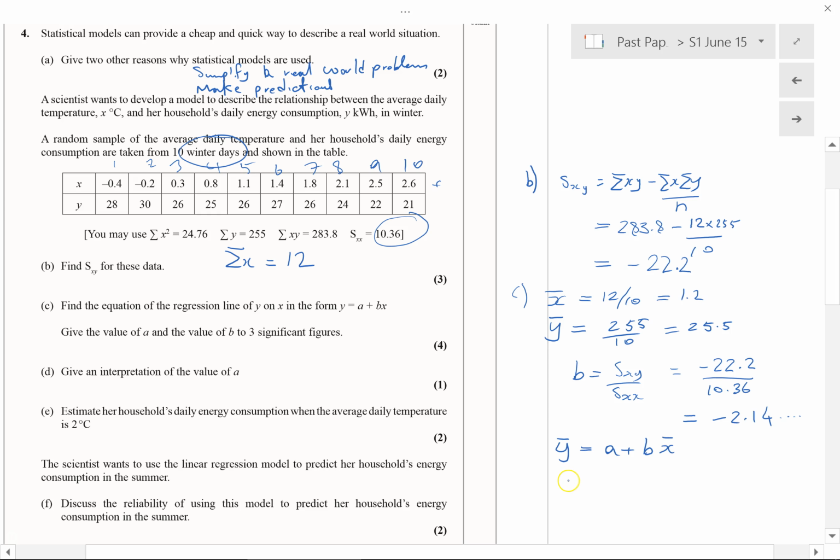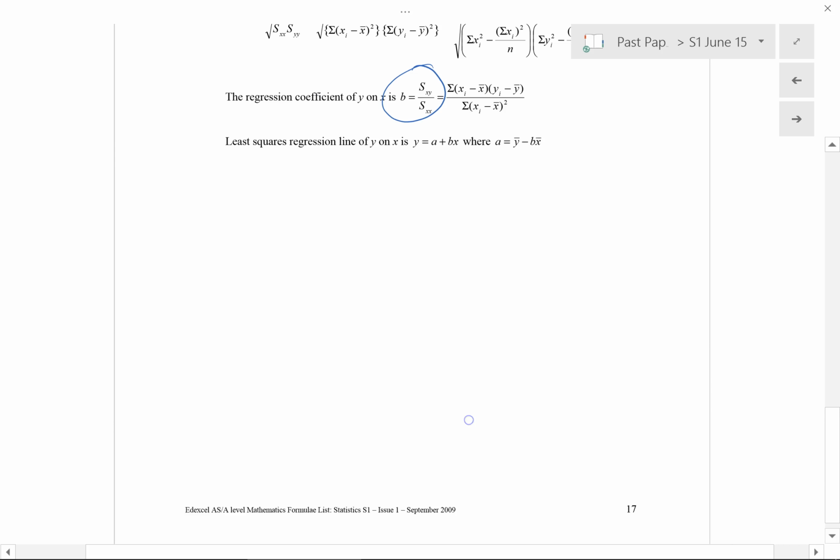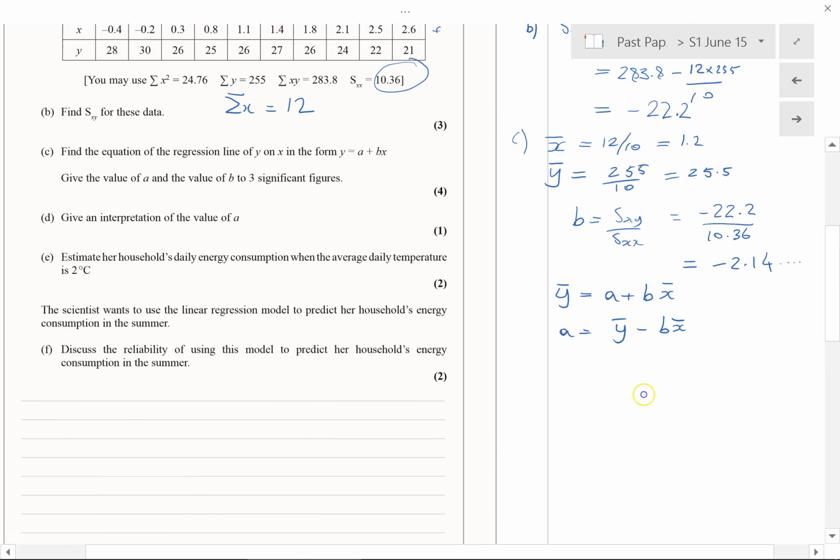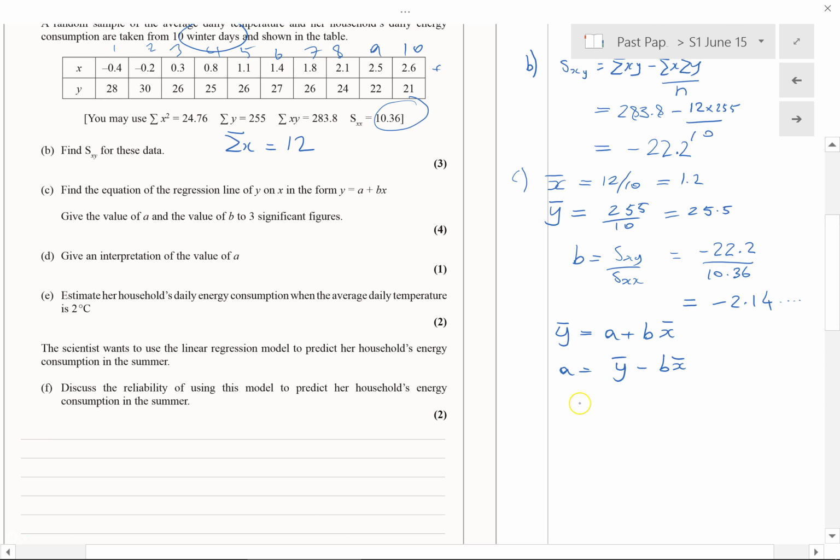So we can therefore say that a is equal to y bar minus b x bar. That actually is given in the formula book anyway here, but we really shouldn't need it. It's just a rearrangement of our regression line for the particular values y bar and x bar, which must lie on our regression line.